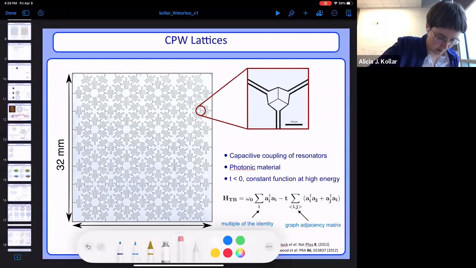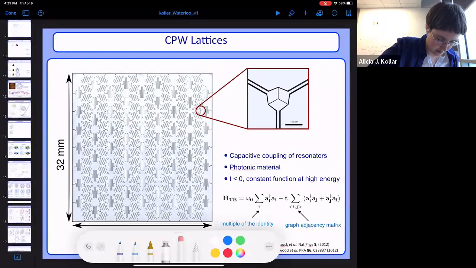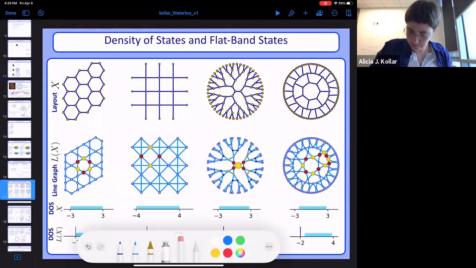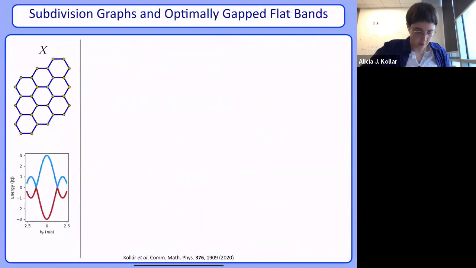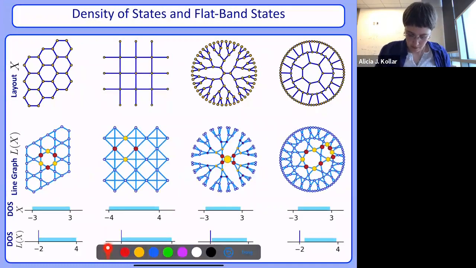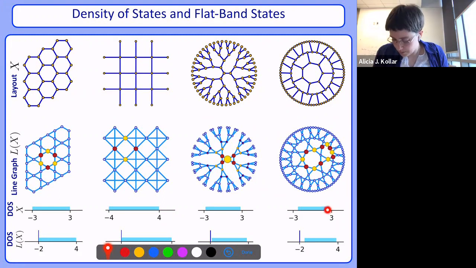So maybe this is a good example. The gap that we were looking at here is in between two places where there are states, whereas this gap here is between where there are states and where there could be states but aren't any.